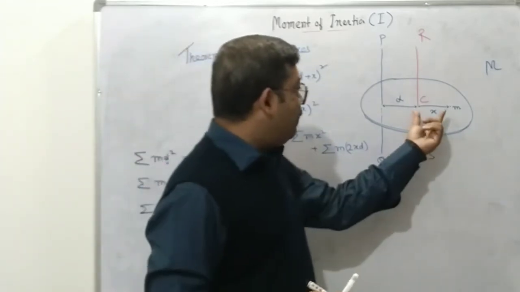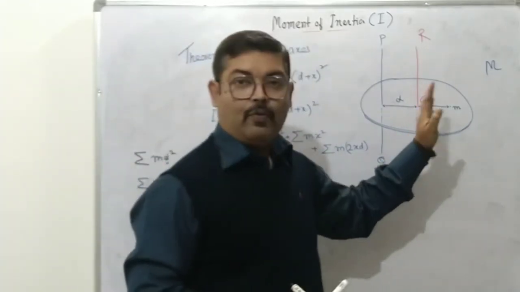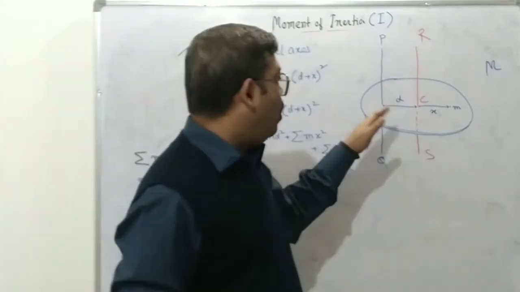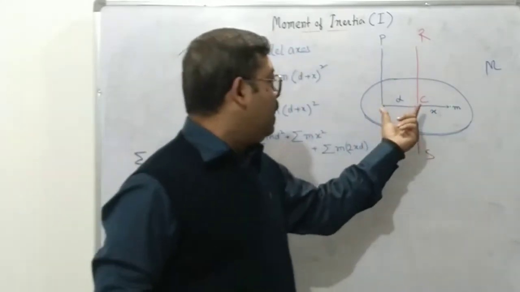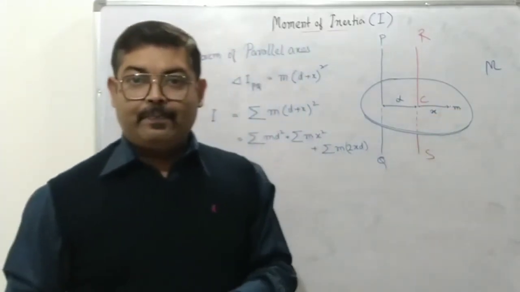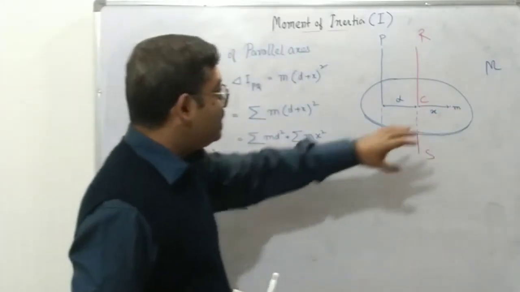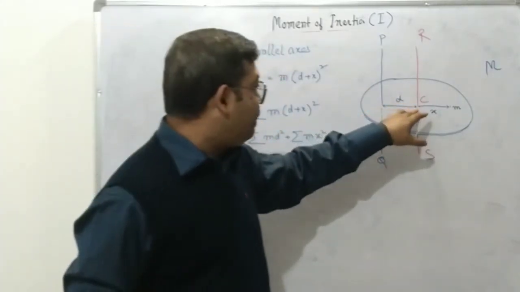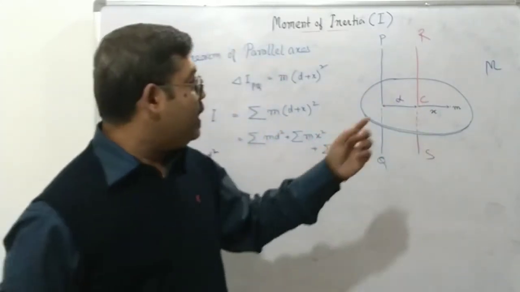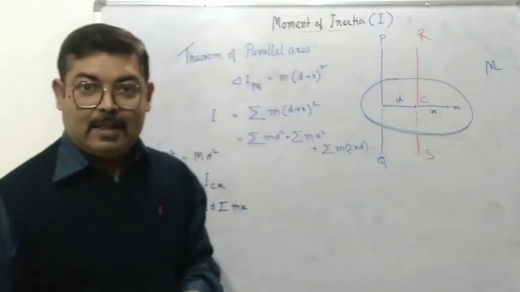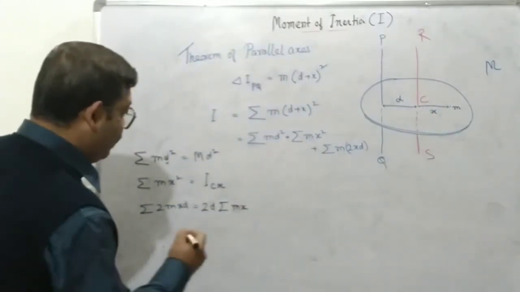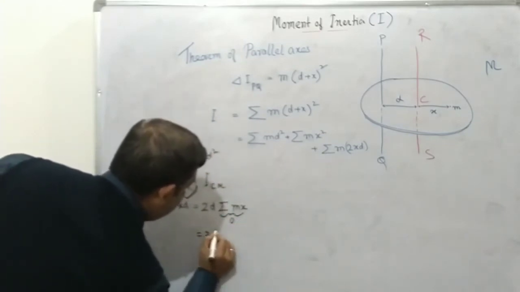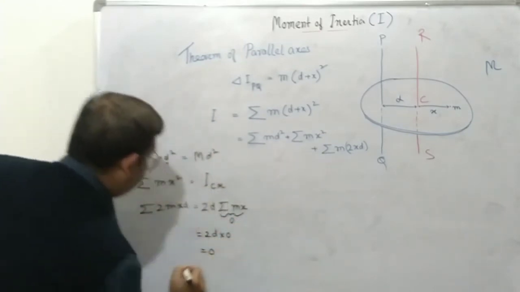In other words, for every m into x on one side, there will be an mx in the negative x direction or on the negative side of it, so that these two will cancel each other. What we are trying to say is that since the entire body's mass will balance about the center of mass, the sum of moments of masses about the center of mass has to be 0, which means this term has to be 0. So this will be 2d into 0, that is 0.